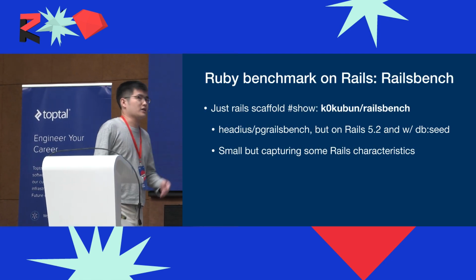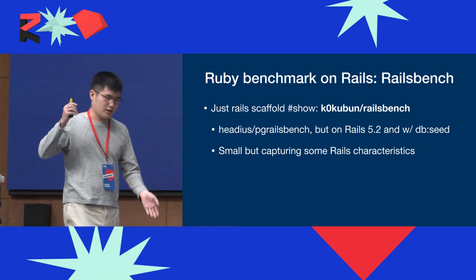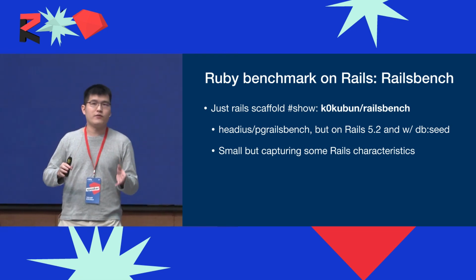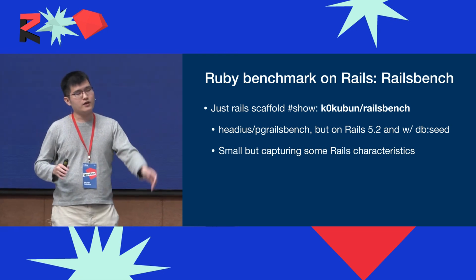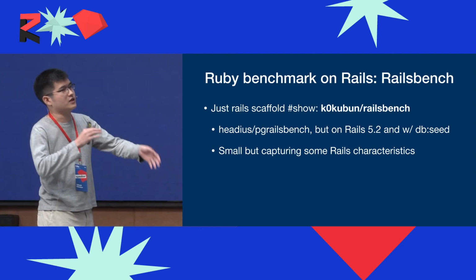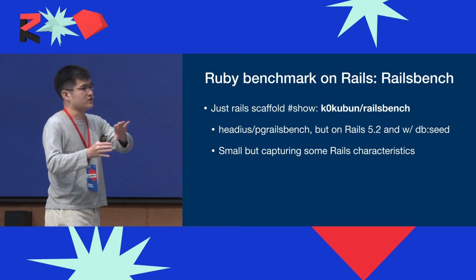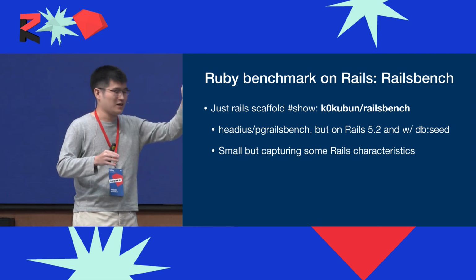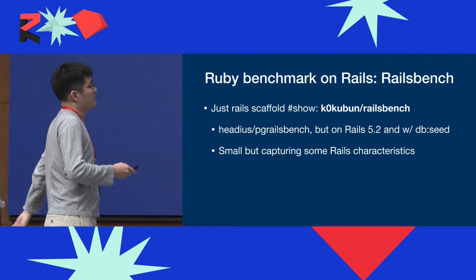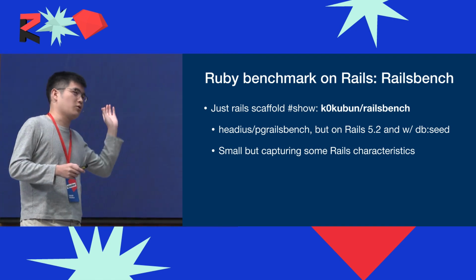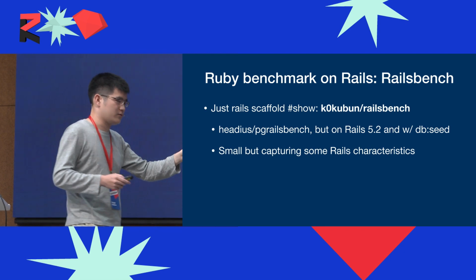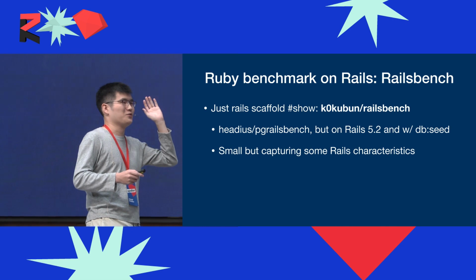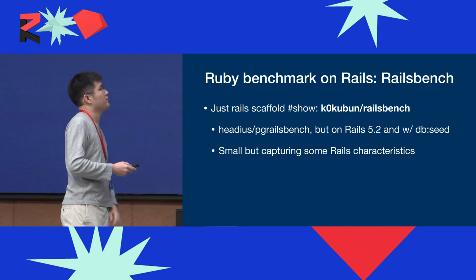I prepared a benchmark. The JRuby team originally had a Rails benchmark, which is just a Rails scaffold of a show action, and I modified it to Rails 5.2, which is actually old now, but I should make it Rails 6. Anyway, it's just a Rails scaffold that reads one record from a database and shows it, and you may be using the Rails scaffold anyway.